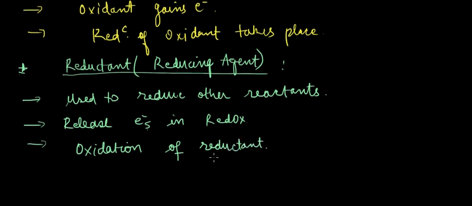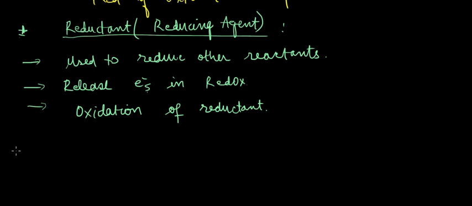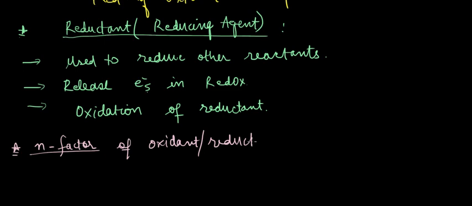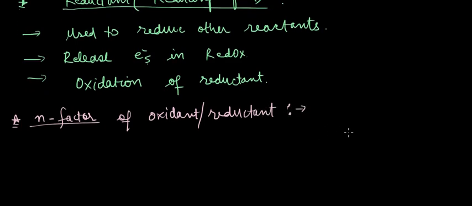Okay, next let us talk about the n factor of an oxidant or reductant. The number of moles of electrons gained or released by 1 mole of oxidant or reductant is the n factor of itself.